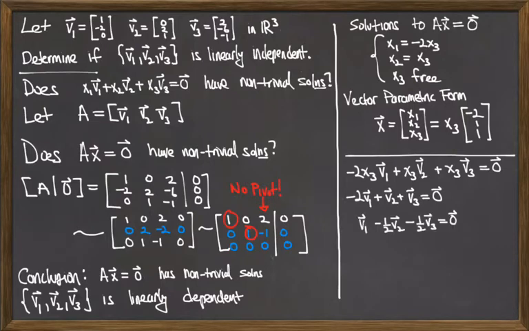I could take x3 to be -1/2, and if I did that, I'd have a 1 in front, and -1/2, and -1/2 for the other weights. They don't have to be rational numbers or integers. They could be any real number. I could take x3 to be pi if I wanted to, and -2 pi, pi, and pi would be weights that would give me a linear combination that would result in 0.